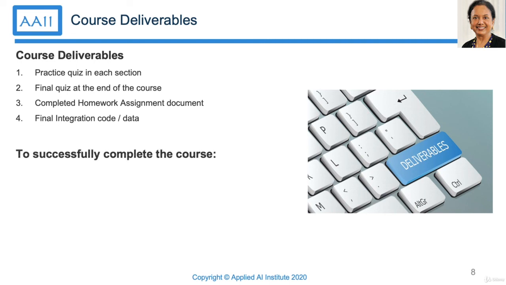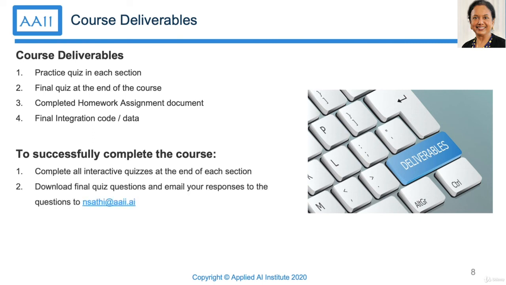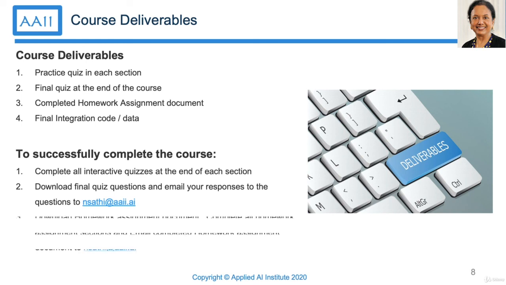In order to successfully complete the course, complete all interactive quizzes at the end of each section, download final quiz questions and email your completed response to all quiz questions to nsathi@aaii.ai.